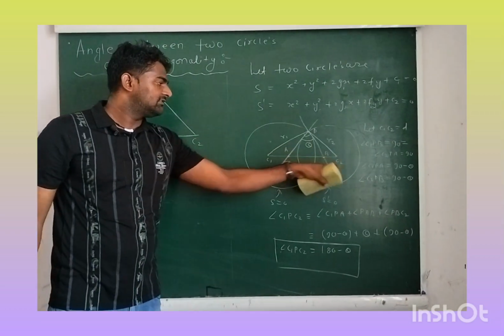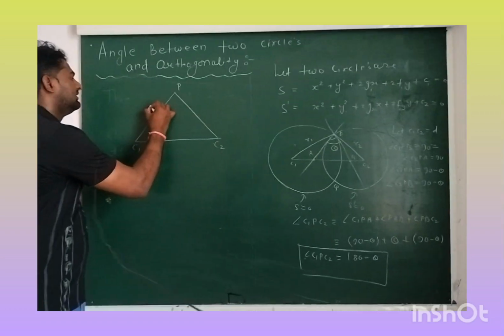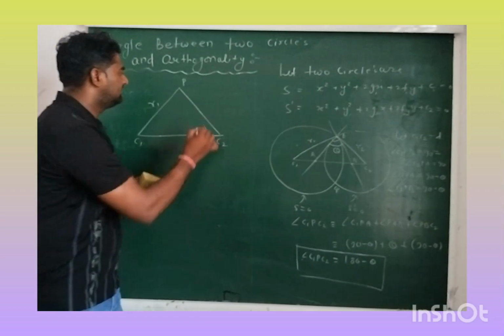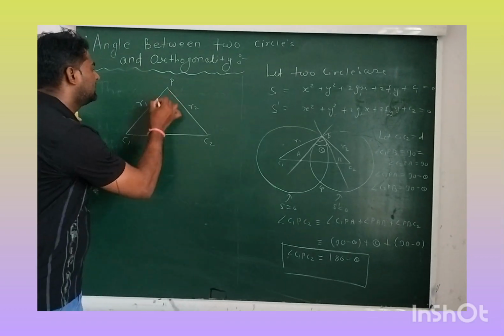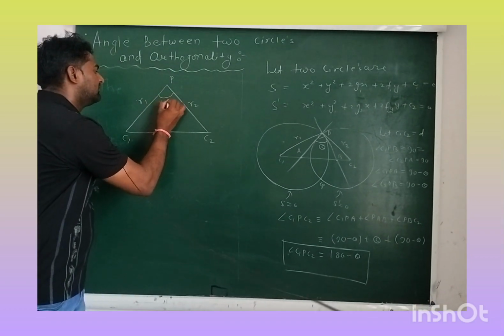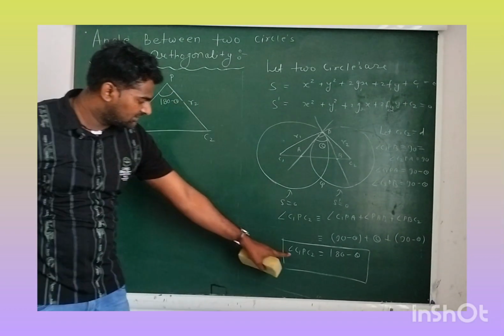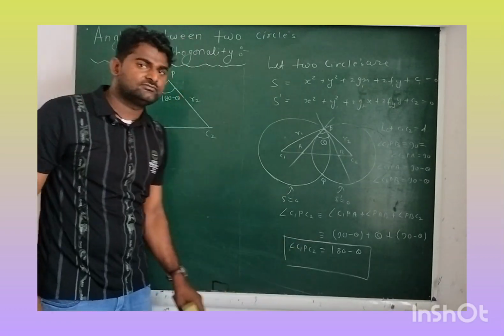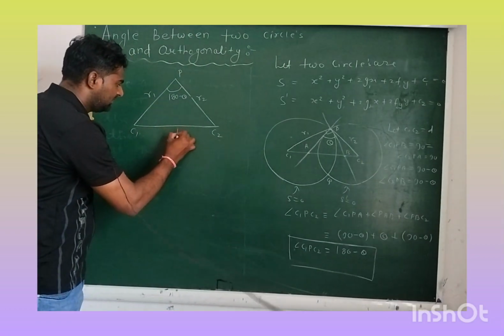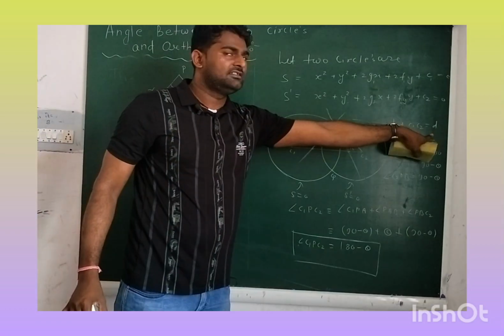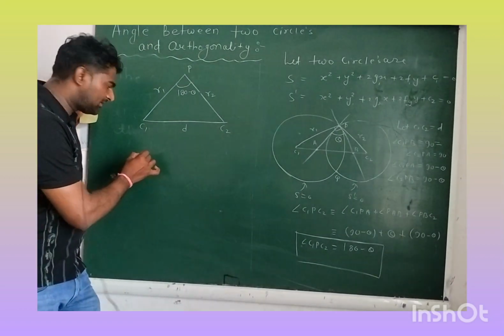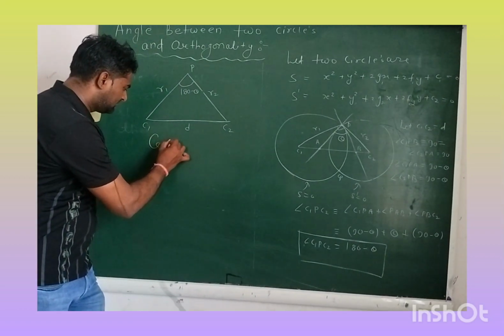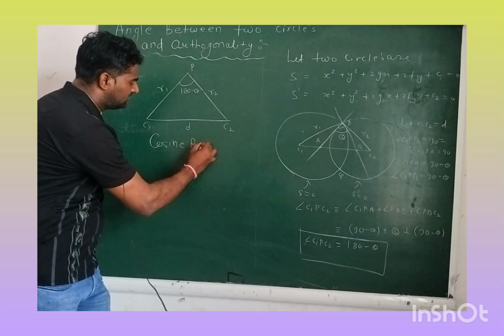Here this is R1, this is R2. Okay, and this total angle is 180 minus theta. See here C1, P, C2. Now this is D. We assume here C1 C2 is equal to D, the distance between centers. So now we study in the solution of triangle, cosine rule.